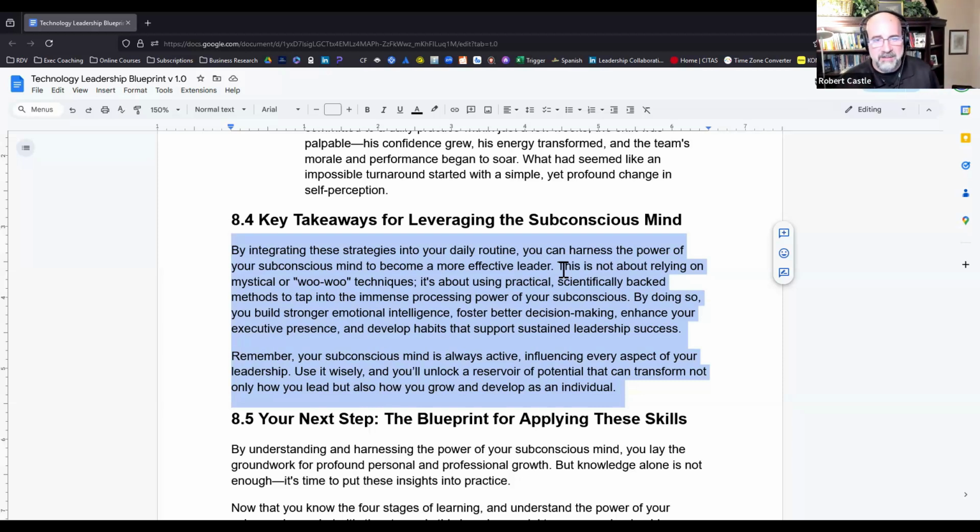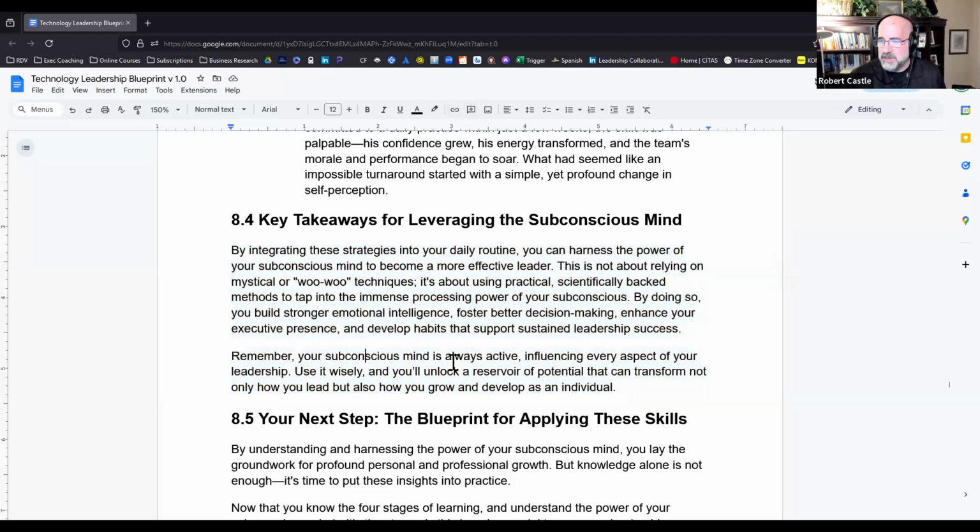Do you want 11 million instructions per second, or do you want 140,000 instructions per second? By leveraging the power of this subconscious mind, a veritable supercomputer, you build stronger emotional intelligence, foster better decision-making, enhance your executive presence, and develop habits that support sustained leadership success.